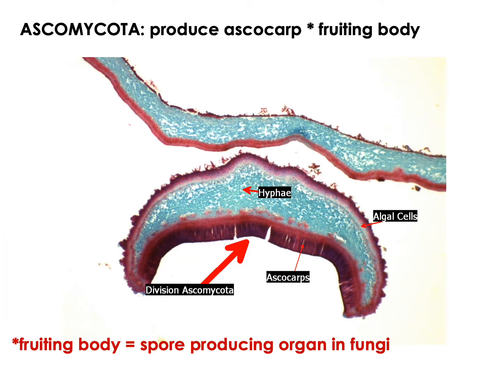Okay, so the sac fungi reproduce sexually by producing asci in fruiting bodies called the ascocarp. These are the ascocarps. In these ascocarps there are the ascospores.